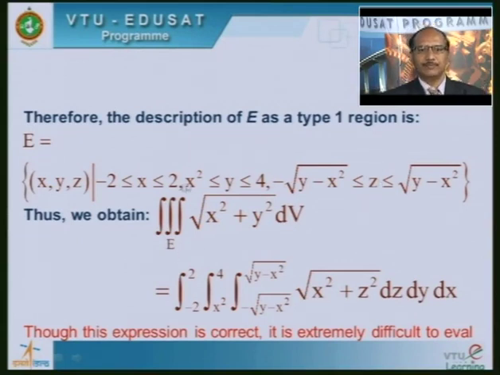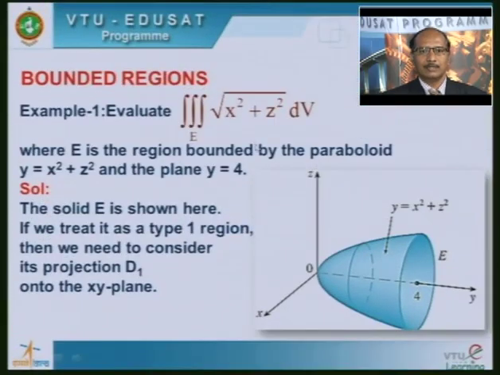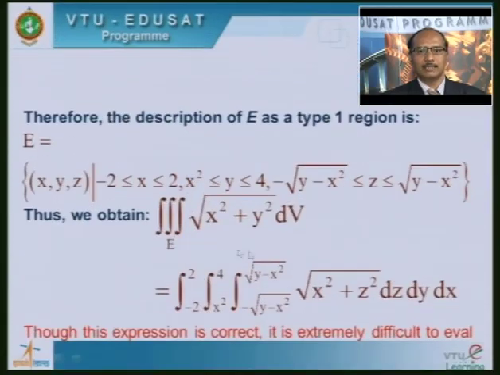Now we obtain the given triple integral, the square root of x square plus z square dV, written here.